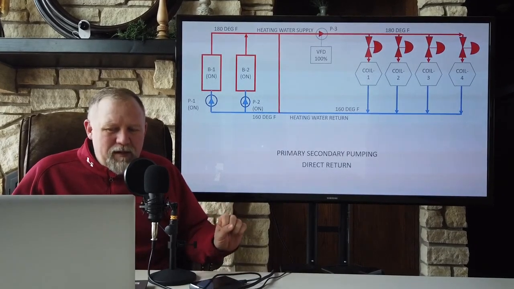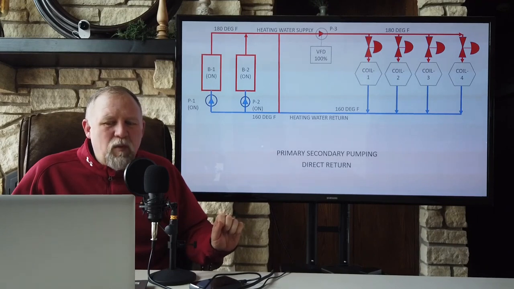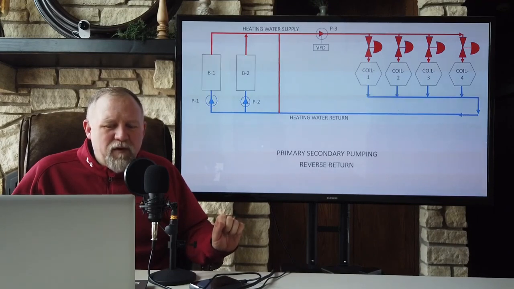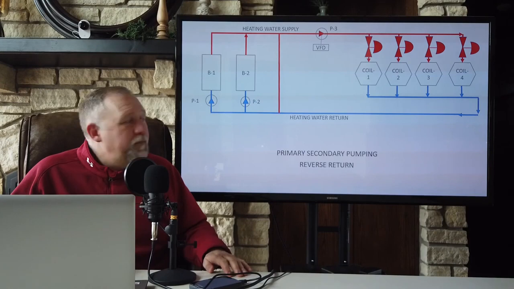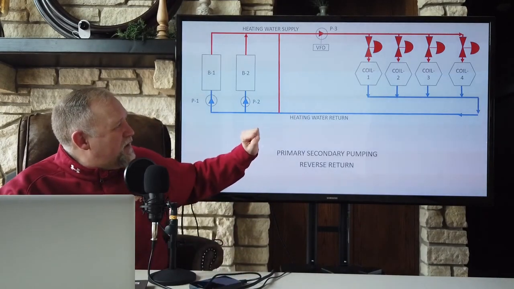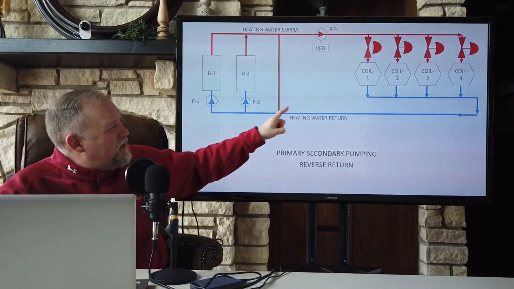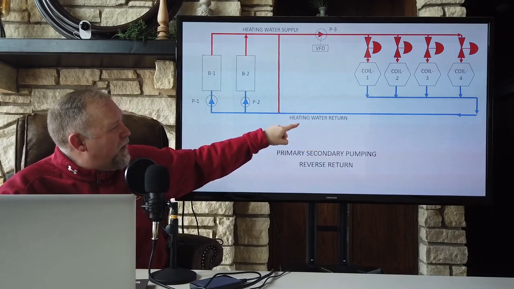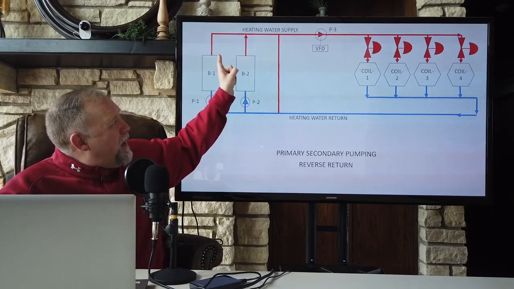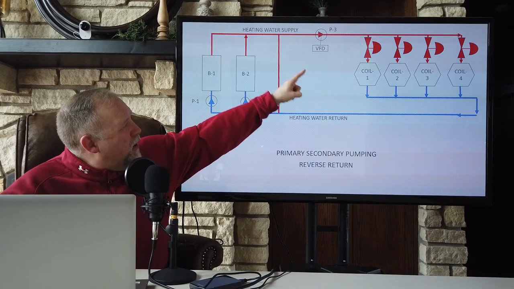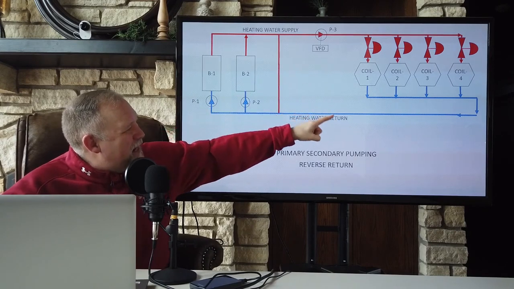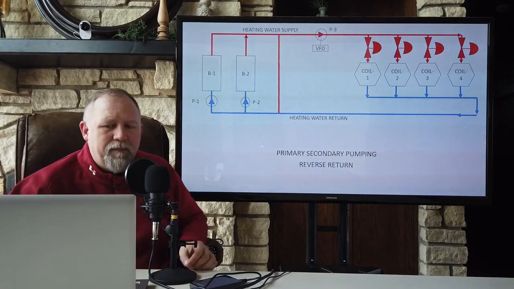A better pipe layout would be this, the reverse return. The reverse return system, notice what we did here. It's a simple change in direction on the heating water return, but now the first coil on the supply pipe is the last one on the return pipe.